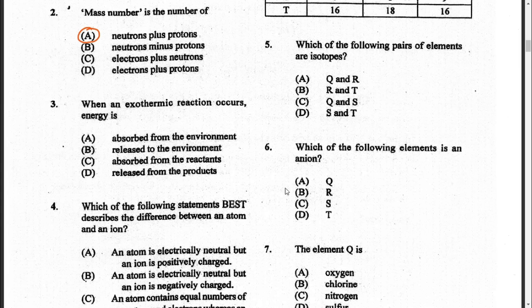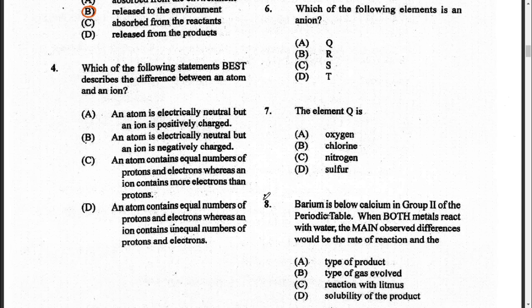So you do not know which ion is taking place, right? So you have to give a general statement, which is unequal number of protons and electrons, because if it's a cation, the protons are greater than the electrons, and if it's an anion, the electrons are greater than the protons. So generally speaking, it would be unequal number of protons and electrons. So the answer is D.